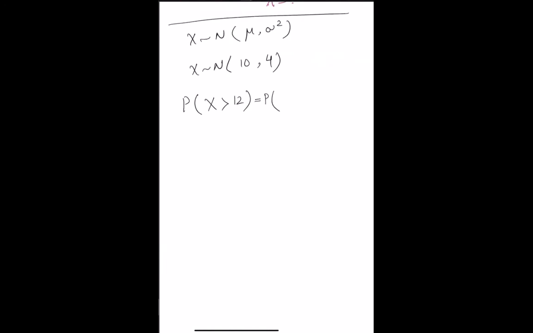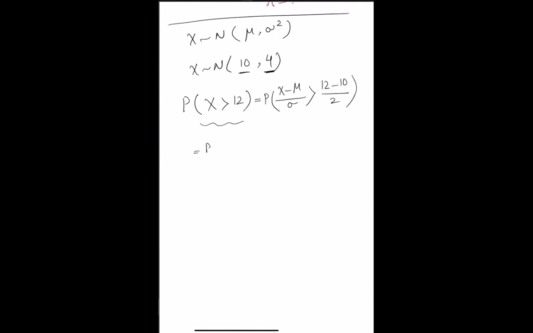So we have to translate this normal random variable to a standard normal. How? By deducting the average and dividing by the standard deviation. So this is the probability that X greater than 12, minus 10, the average, divided by the standard deviation, which is 2.